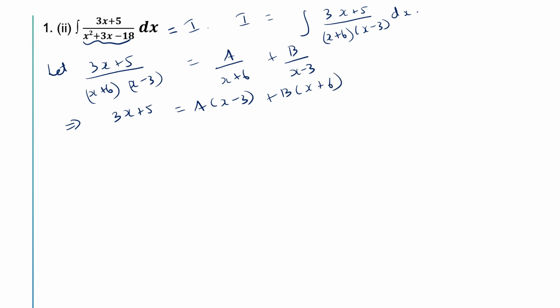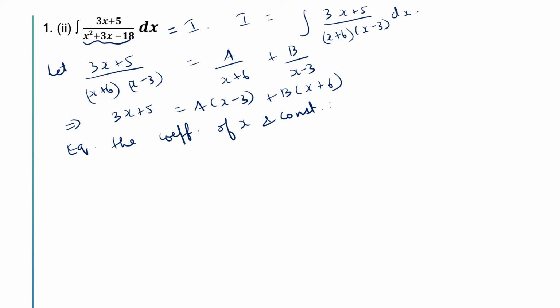Now we have to equate the coefficients of x and constant terms. So here if we want to equate the coefficient of x and constant terms on both sides and then solve for A and B, it will be slightly time consuming.